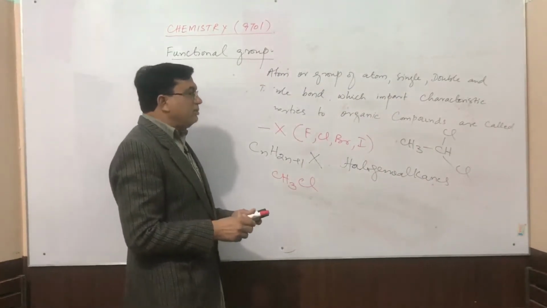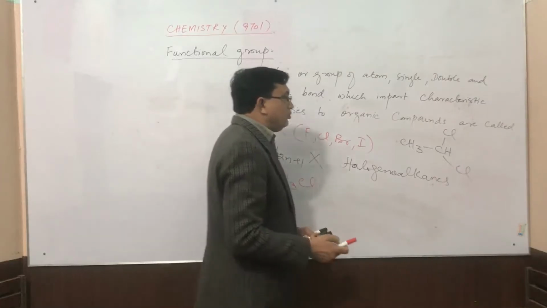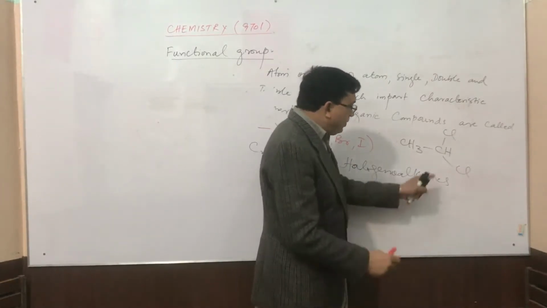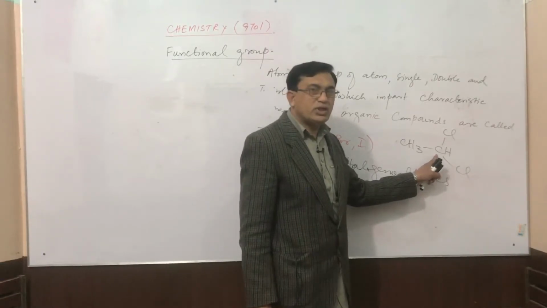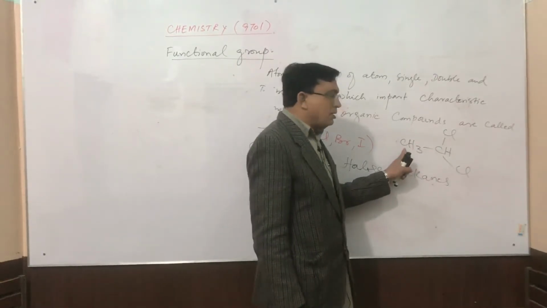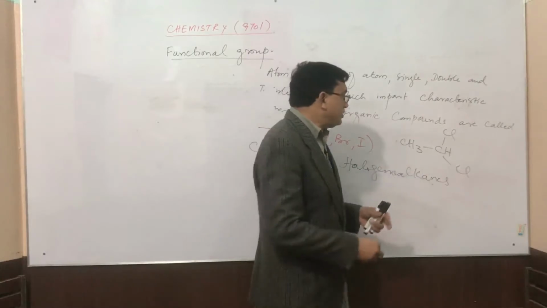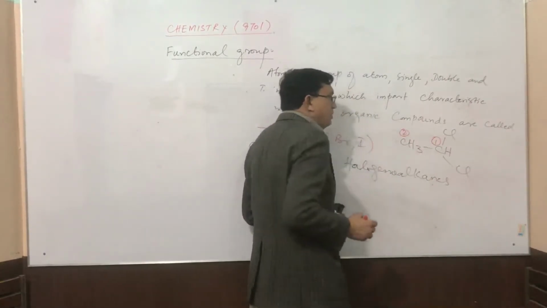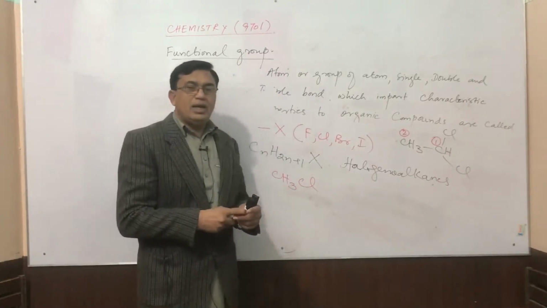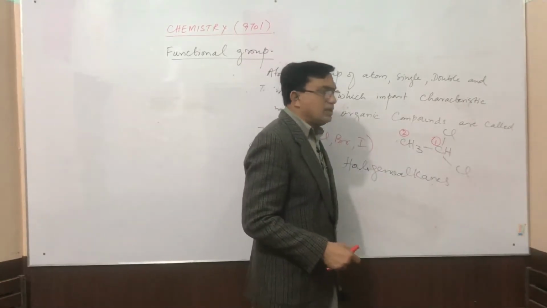Now the numbering becomes important. We will write the name of this. Definitely this carbon will be given number 1 because this contains 2 functional group and this carbon is containing no functional group. That's why this carbon will be given number 1 and this will be given number 2. What will be the name comes for this?